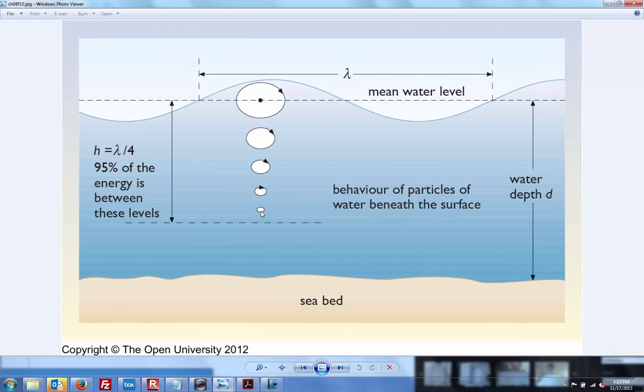Table 8.1 on 376 shows wavelengths. So if you've got 23 meter per second waves, that's basically 50 mile per hour in a storm. You've got big old long waves, 320 meters long.